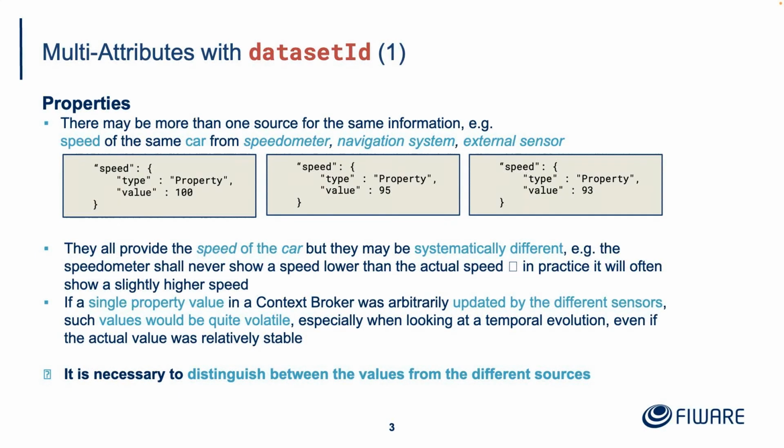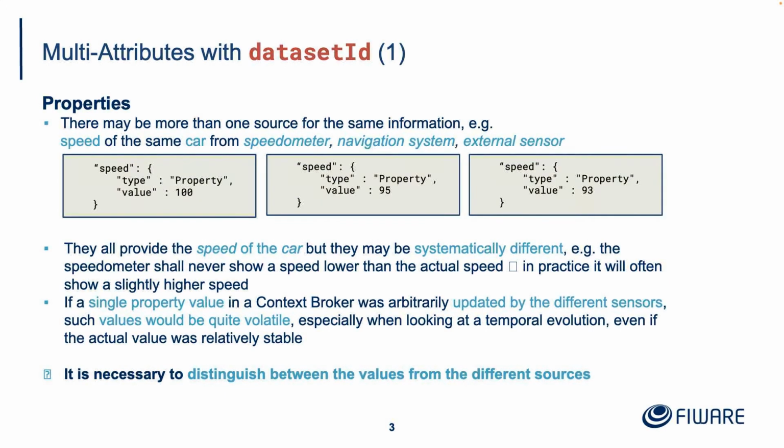It might be the case that you want to get the speed from your less frequently updated but more accurate version. It might be that you want the most recent version of whatever sensor, and then you can have additional metadata saying, you know, my accuracy is this, that, or the other. But fundamentally, there needs to be a mechanism to work out when you have a single attribute which could have multiple values.